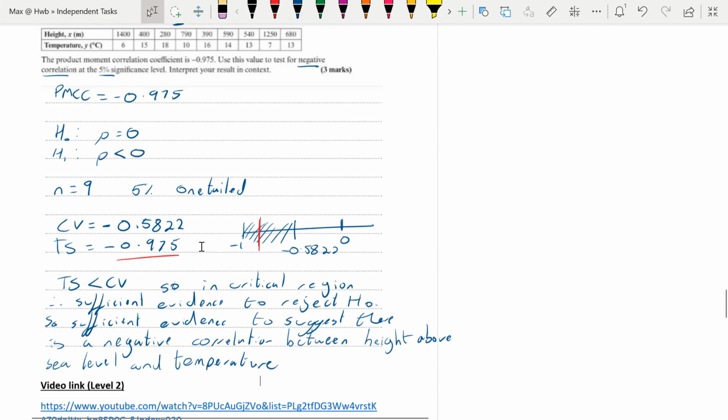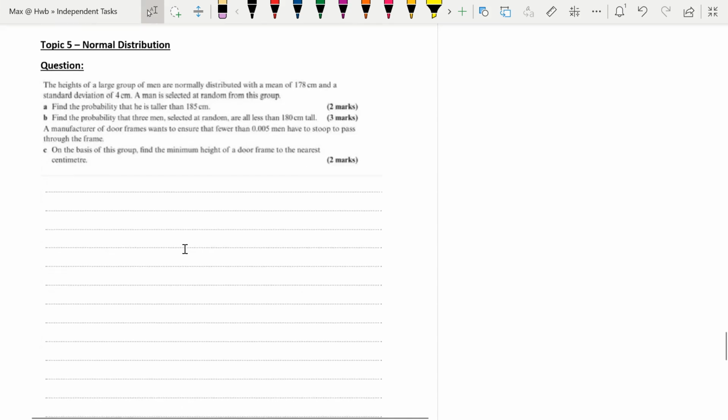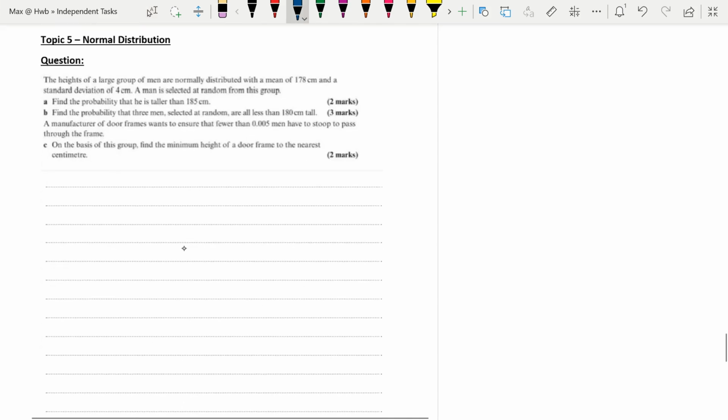Okay, so the final one, we've just got a normal distribution question to finish off. So let's read it carefully. The heights of a large group of men are normally distributed with a mean of 178 and a standard deviation of 4. A man is selected at random, and so on. So the first thing I need to do, there's nothing defined, so let's do let x equal the height of a man.